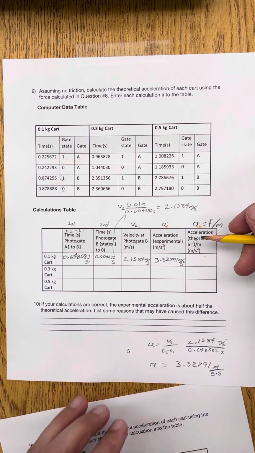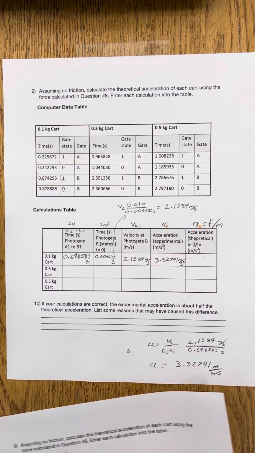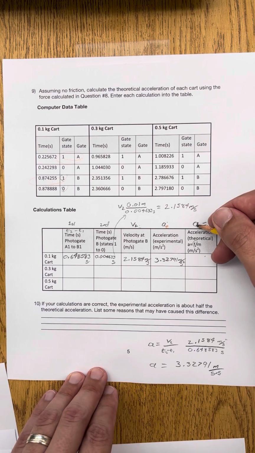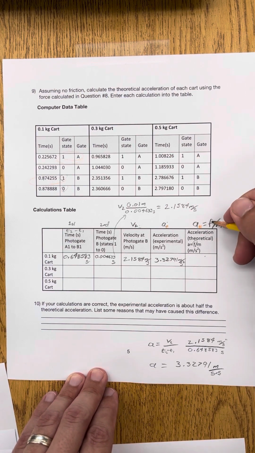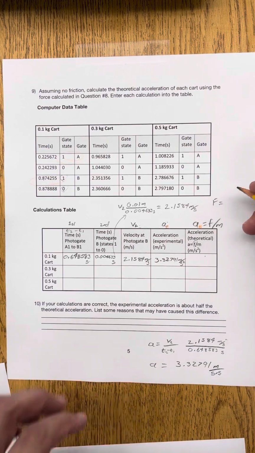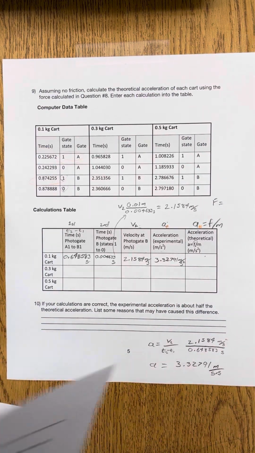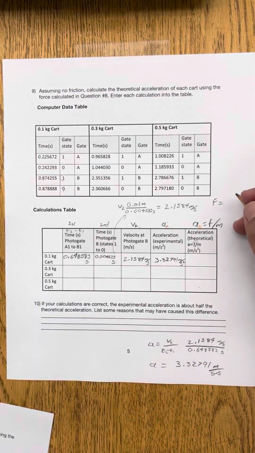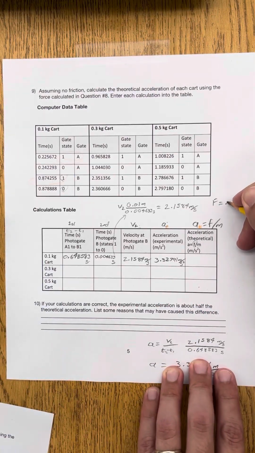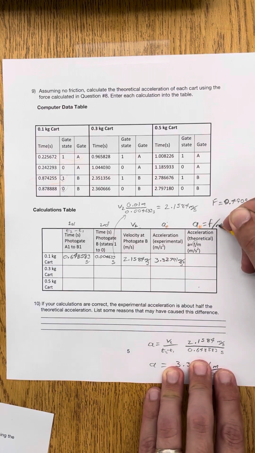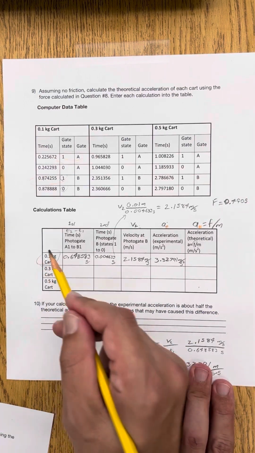Now, when you're doing this one, the force is going to be the same. We need to calculate the acceleration. We don't know that, but we do have the force, and the force, from our very first page, question number 8, we calculated as 0.4905. Then the mass is how much the cart weighed.